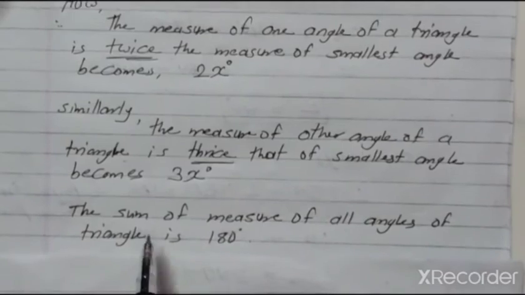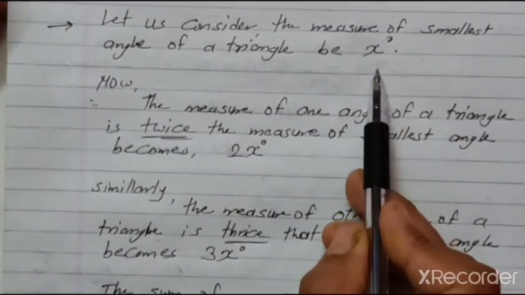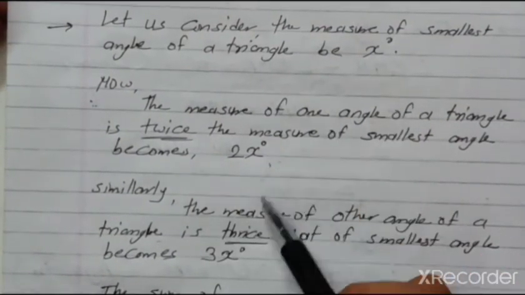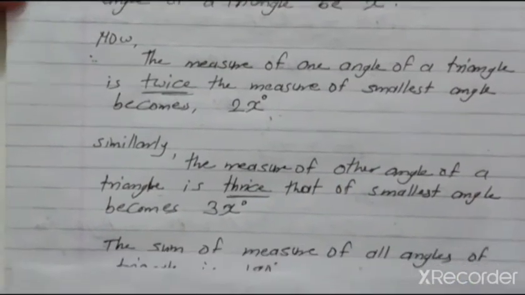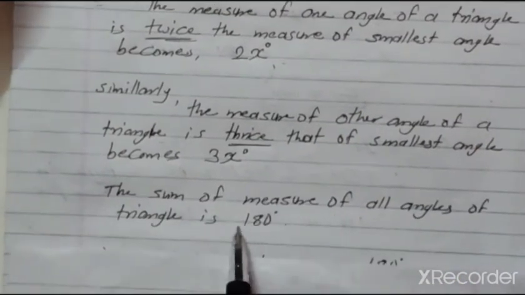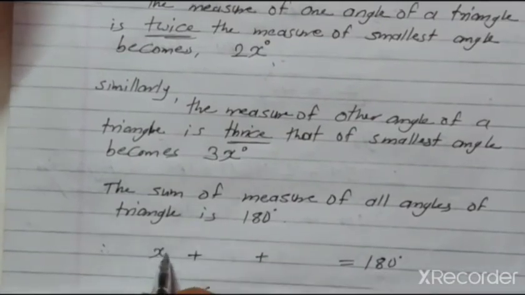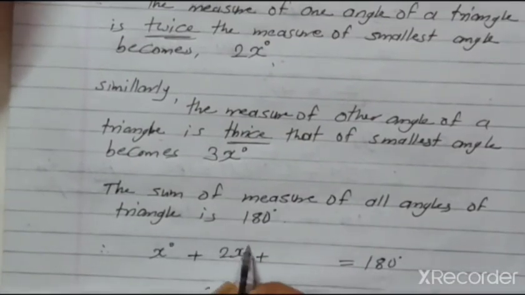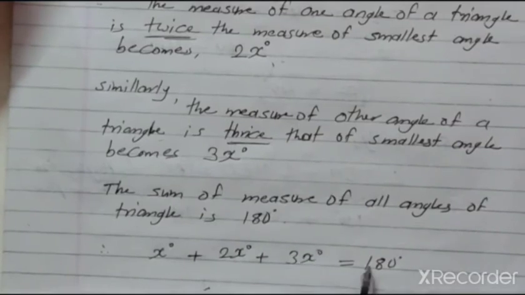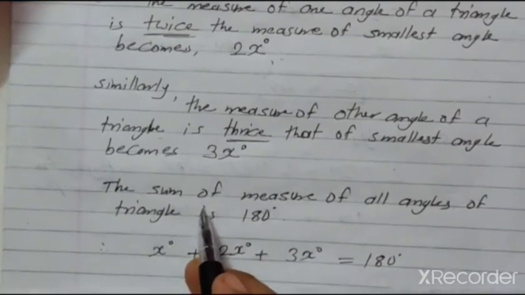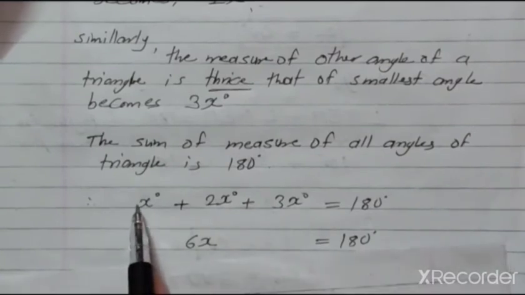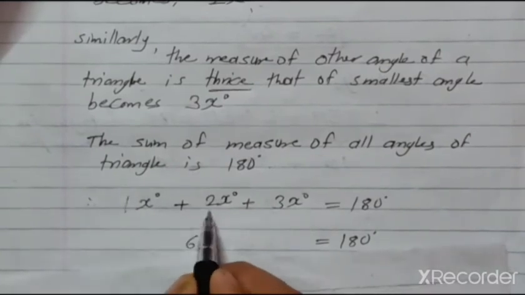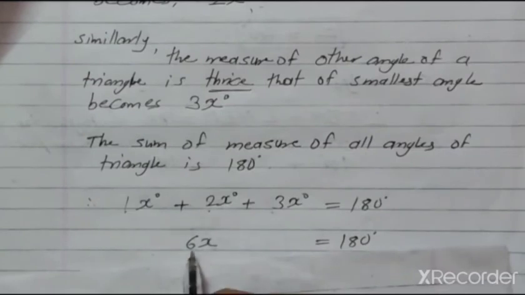Therefore now here we get the measure of all three angles in the form of x degree. So we can sum them all, and the summation is 180 degree by using this theorem. The coefficient of x is 1, 1 plus 2 is 3, 3 plus 3 becomes 6.